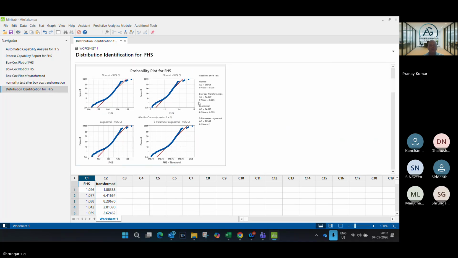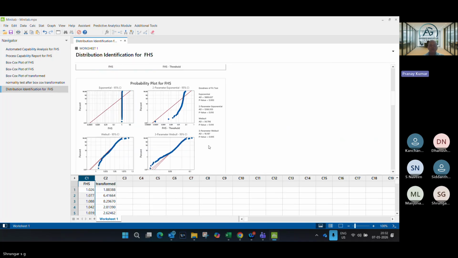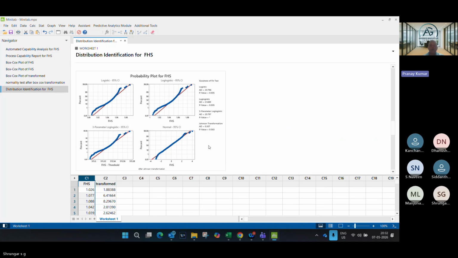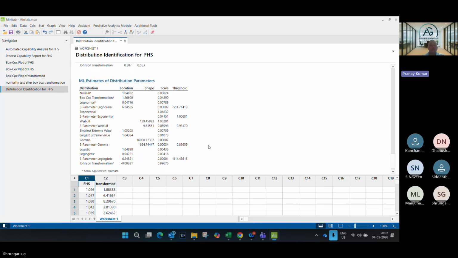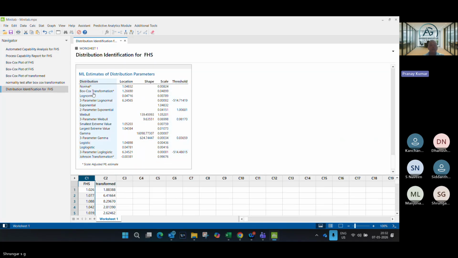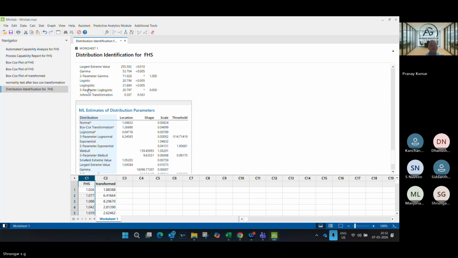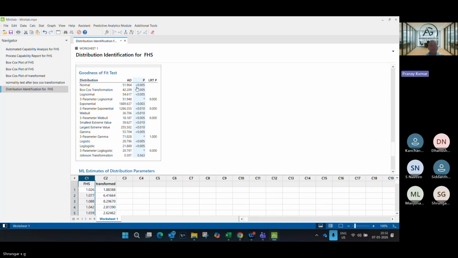Go down. Keep going. Yes, we want to see the goodness of fit table above. So you'll need Johnson's transformation, like you were doing in your Z-score. The p-value is highest for Johnson's.